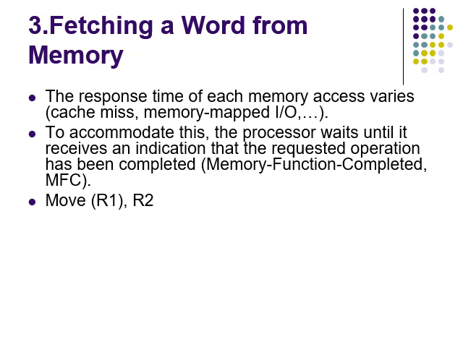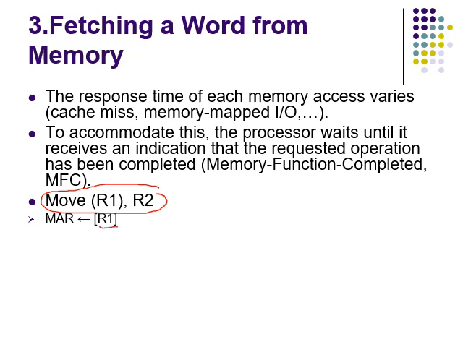As an example of a read operation, consider the instruction move R1, R2. The actions needed to execute this instruction are: first, the content of register R1 is moved to the memory address register.